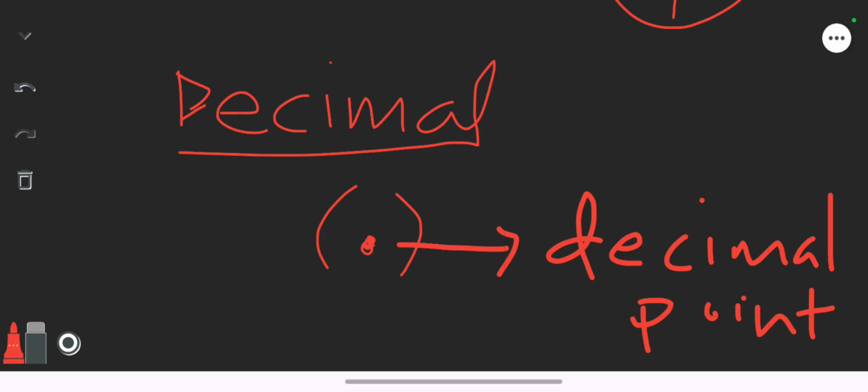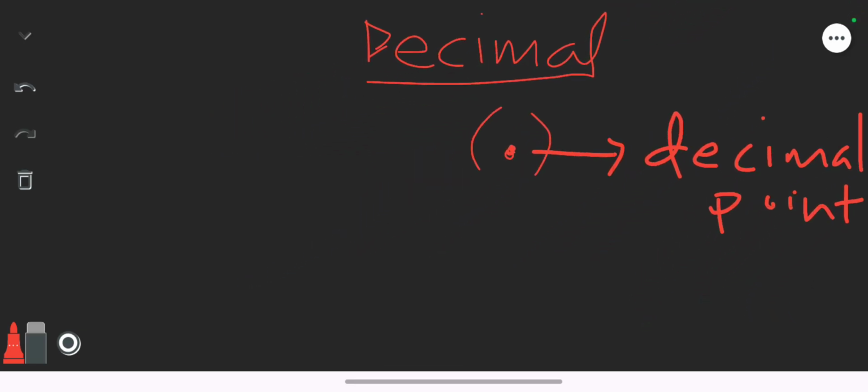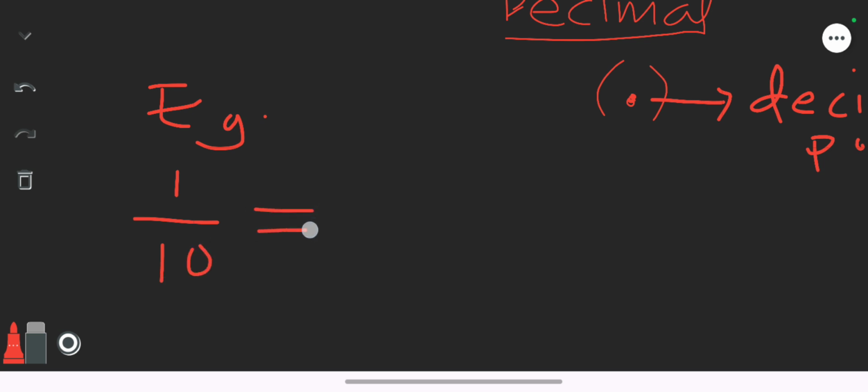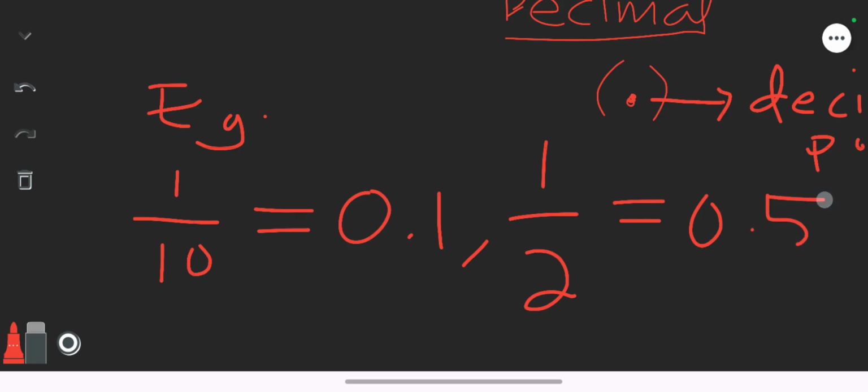Okay, so let's look at a few examples of decimal. Here we have 1/10 is equal to 0.1, and another example here, 1/2 is equal to 0.5.